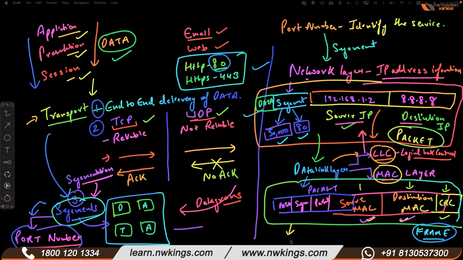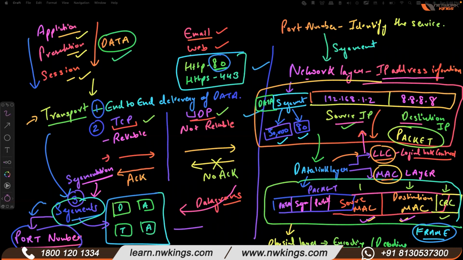Okay. So when the data goes to the physical layer, this physical layer basically provides encoding and decoding. So your computer has some machines, assemblers and disassemblers, which will convert all the data into 0 and 1 format.